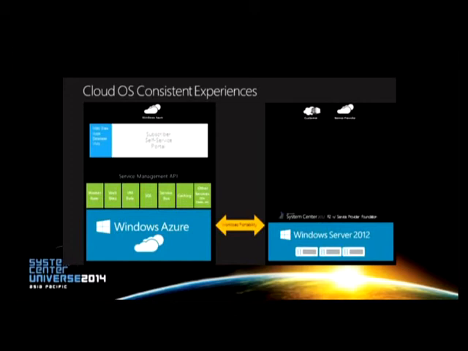Instead of being based on the Windows Azure underlying infrastructure, Windows Azure Pack is based on Windows Server 2012 R2, System Center 2012 R2, and the Service Provider Foundation. Those things allow you to run this environment and provide the same consistent type of services.